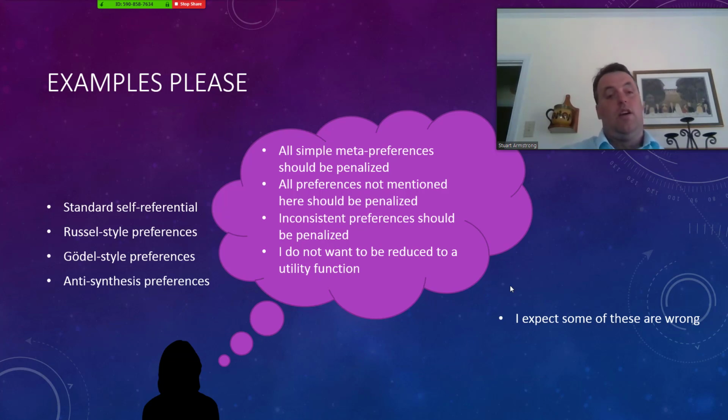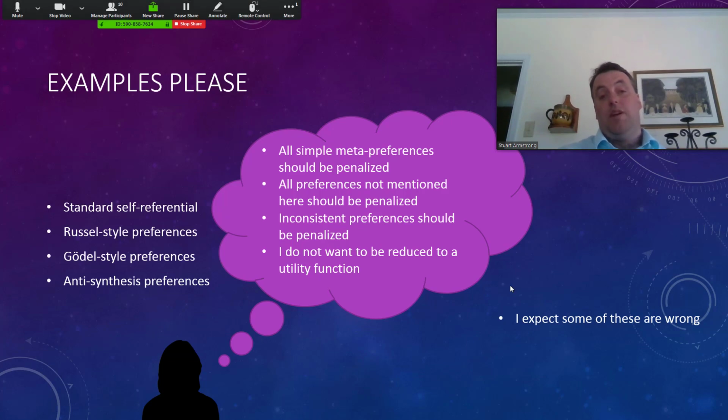I was thinking of Russell and Gödel style as basically shorthand for self-reference, for things that say bad things about themselves or rule themselves out. Like Russell would be the barber who shaves only those who don't shave themselves. All preferences not mentioned here should be penalized, and then you give a long list that doesn't include that preference.